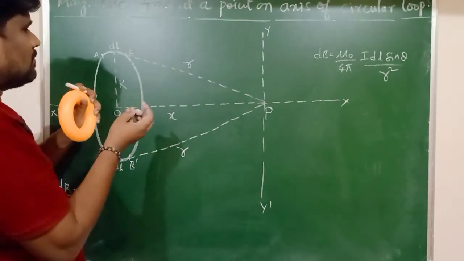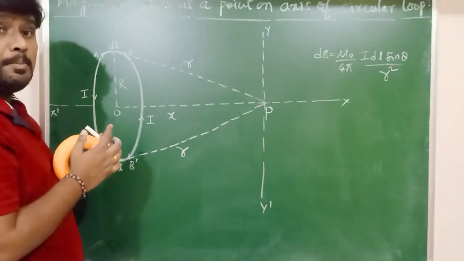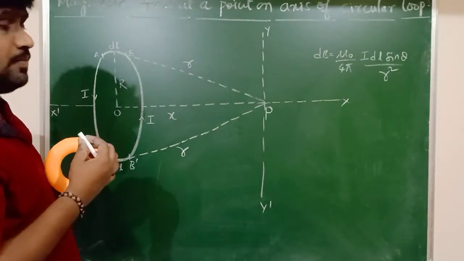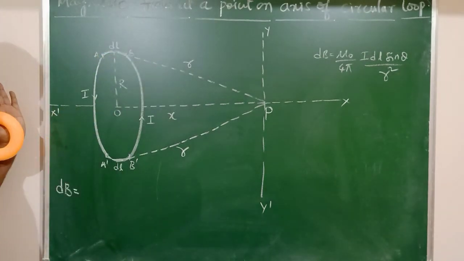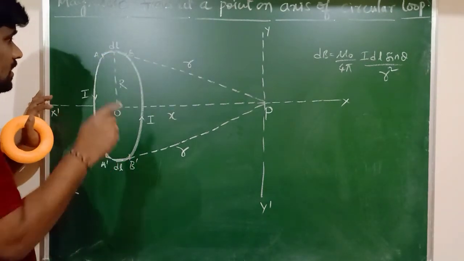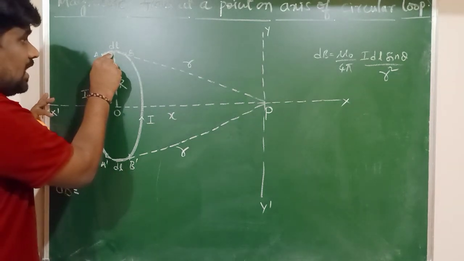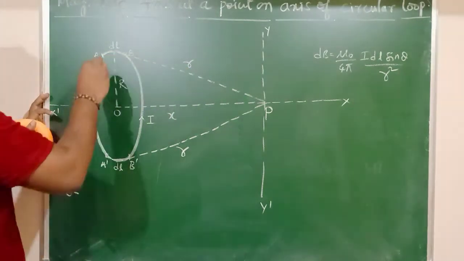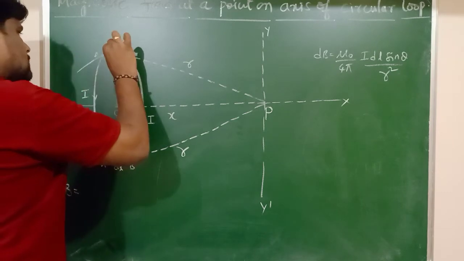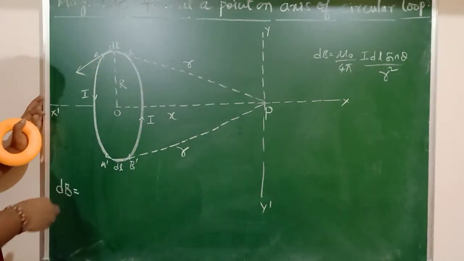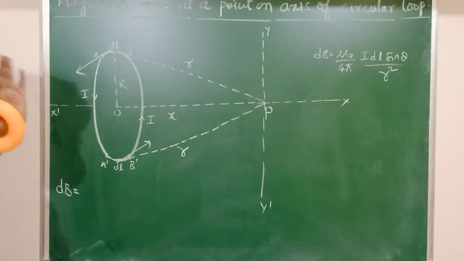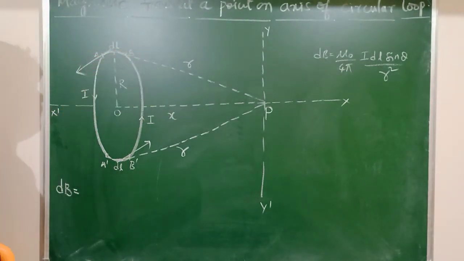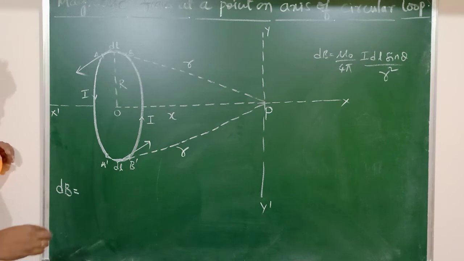You know very well from geometry these two should be perpendicular to each other, which means the angle between dl and R is how much? 90 degrees. Concentrate. The angle between dl and R is 90 degrees. This is the direction of dl, and dl is perpendicular to R. Therefore, what is the magnetic field here?